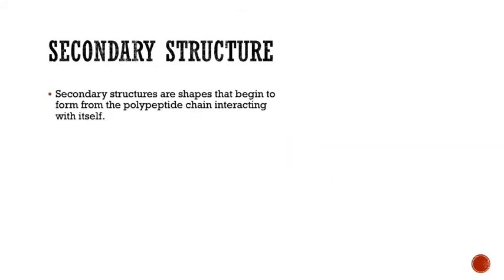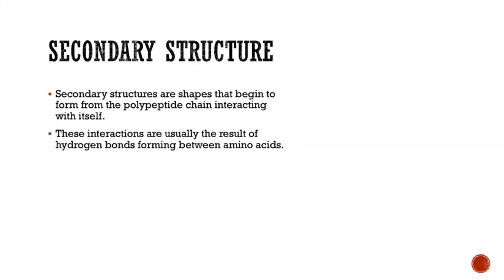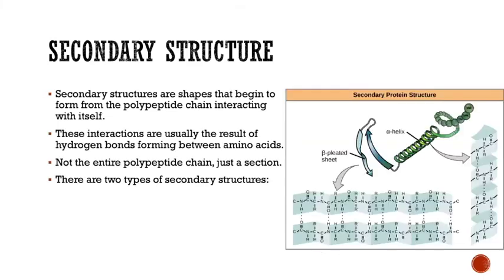Secondary structures are shapes that begin to form from the polypeptide chain interacting with itself at a very localized level. This would be between the amino groups themselves, not the side chains. It's generally hydrogen bonds that form between the amino acids, and in the majority of cases, it's not the entire polypeptide chain, it's just a small section of it.